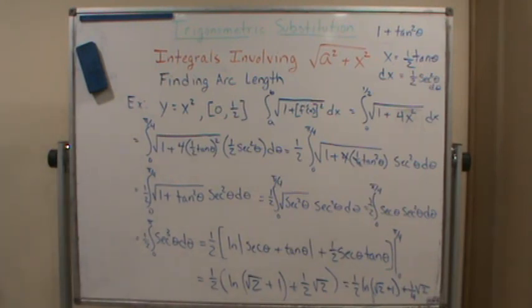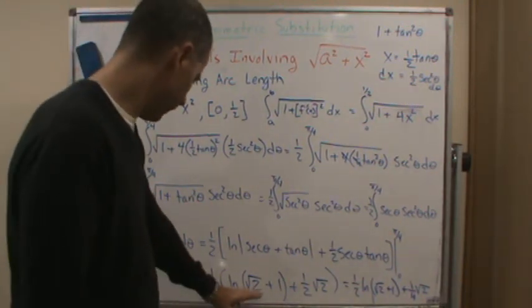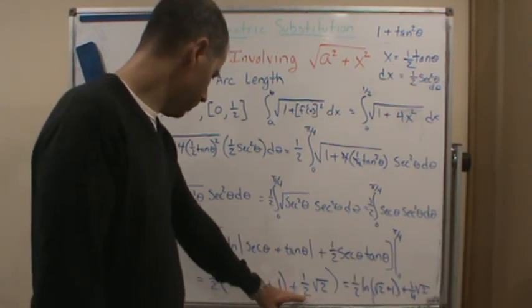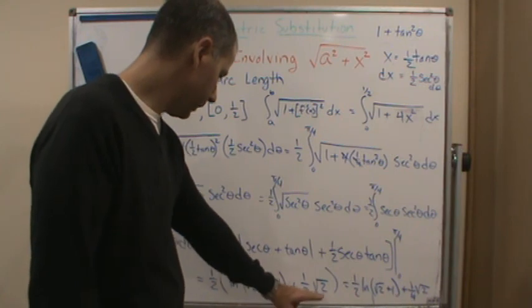And is that what I end up having? So natural log, okay, so I get square root of 2 plus 1, plus 1/2 square root of 2.